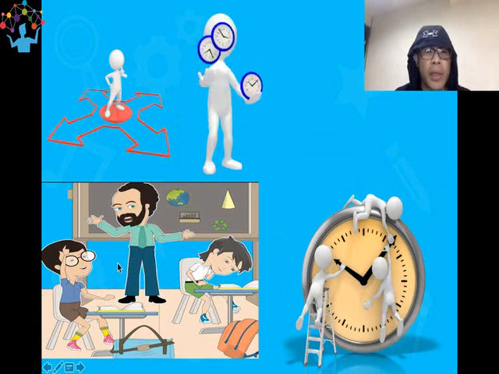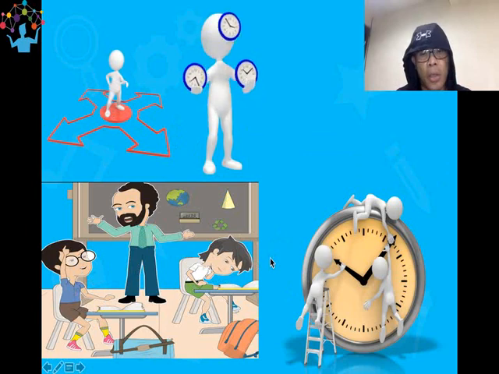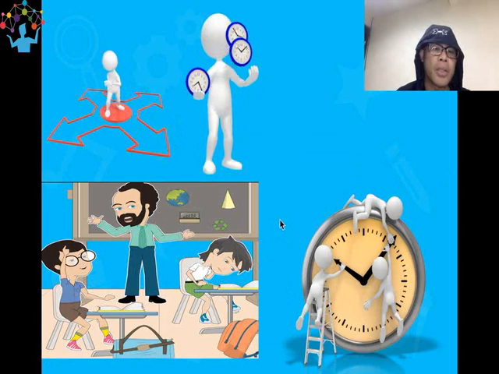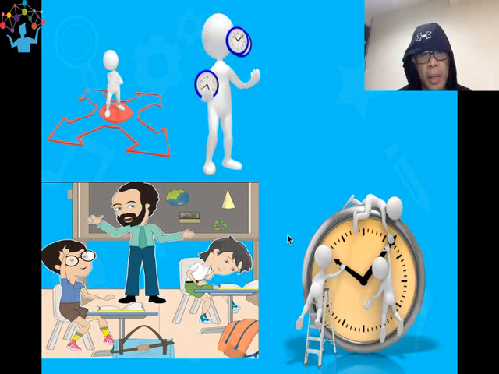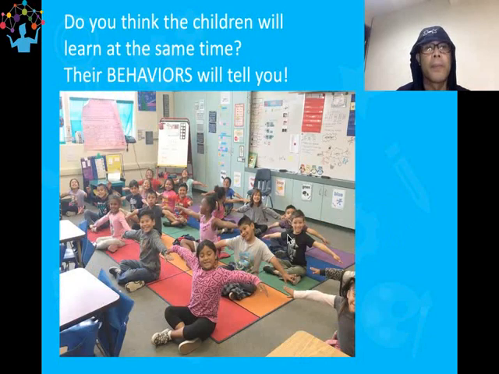There are reasons why some students are very actively engaged and others are slow in responding, because there are stimuli that drive each of the students, and we have to understand that. So the question is, do you think children will learn at the same time? The behaviors will tell you.